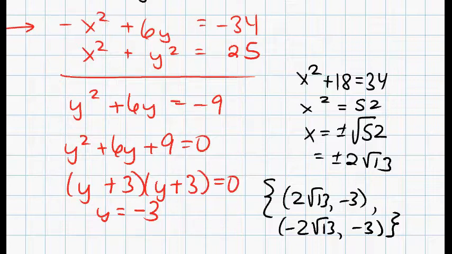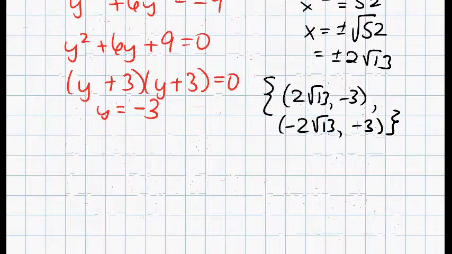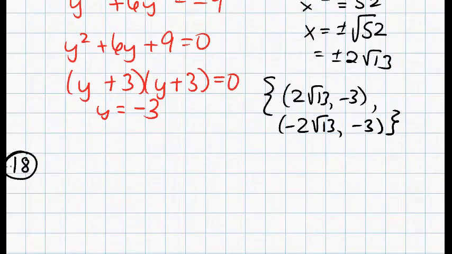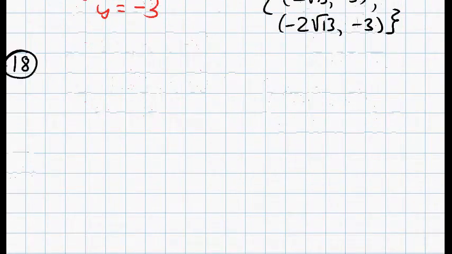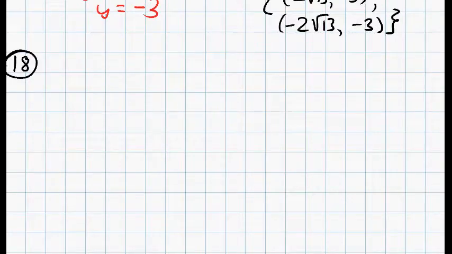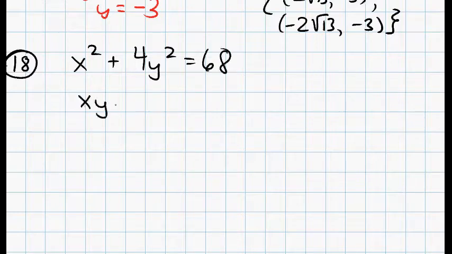18 cannot be solved by elimination. So let's start with 18 together. You have to pick one of the two variables to solve for so that you can substitute.